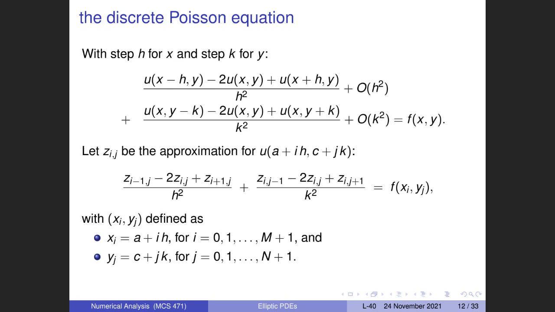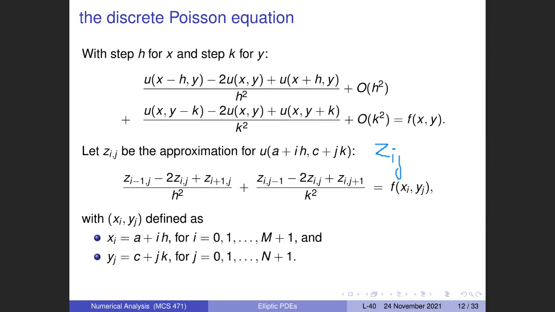So we have the central difference formulas again, and then we compute approximations. Introducing a new letter, I have the z_ij.